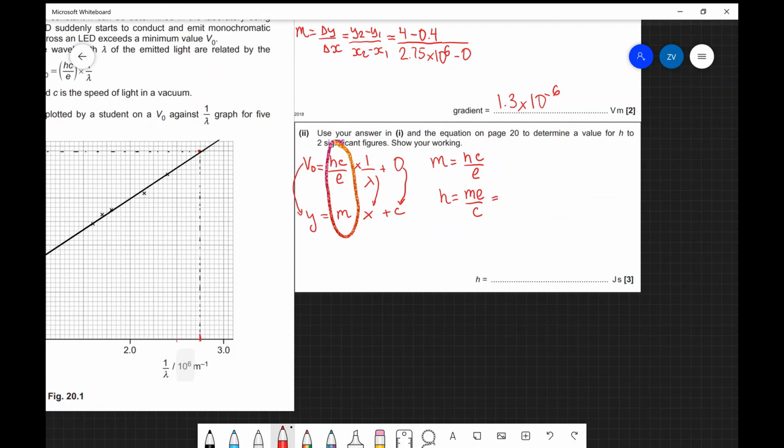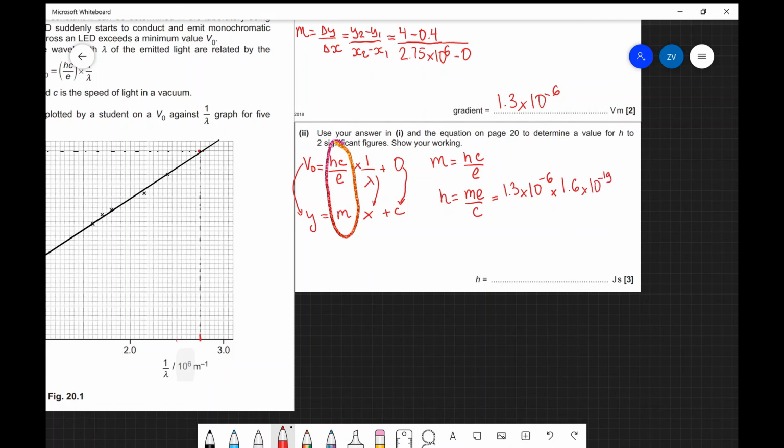And now I can start plugging in some values. Our gradient from the previous part of the question is equal to 1.3 times 10 to the power of -6. The elementary charge, we know from our formula booklet, that's equal to 1.6 times 10 to the power of -19.